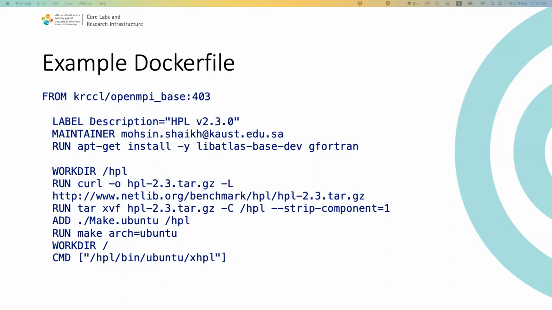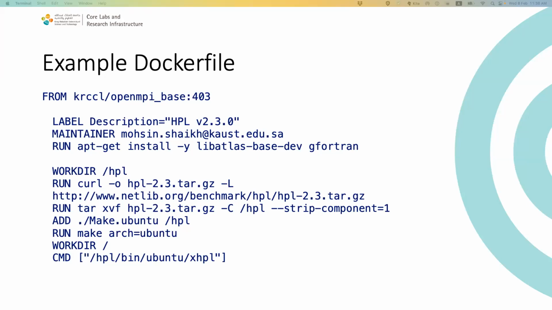So look at the Dockerfile. Apart from some keywords, it is pretty much the same as what you do on an Ubuntu prompt. How many of you have used Ubuntu? Oh wow, everyone has. So that's the Windows of the Linux world. You have a description of some sort. Who do you talk to when things don't work? Run apt-get install and so on, and then I am creating some directories, installing some HPL source code from source.